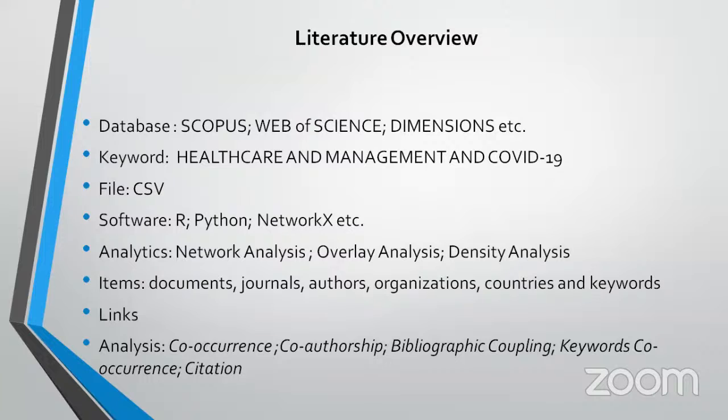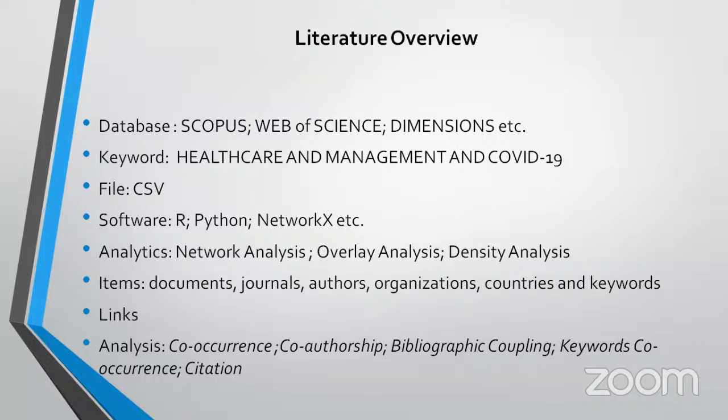It may be a thousand articles, worldwide, whatever papers are published related to these keywords, healthcare, management and COVID-19. After searching these keywords in that particular database, you click on the download option, and one CSV file will be downloaded.